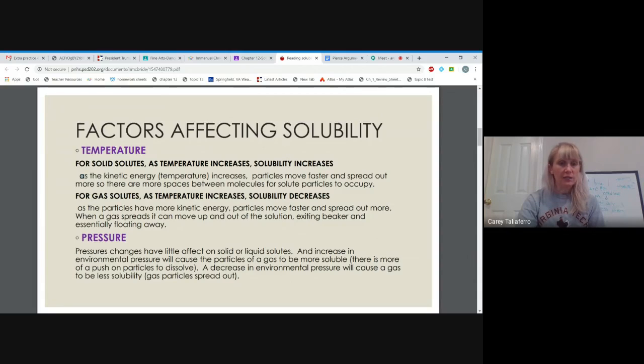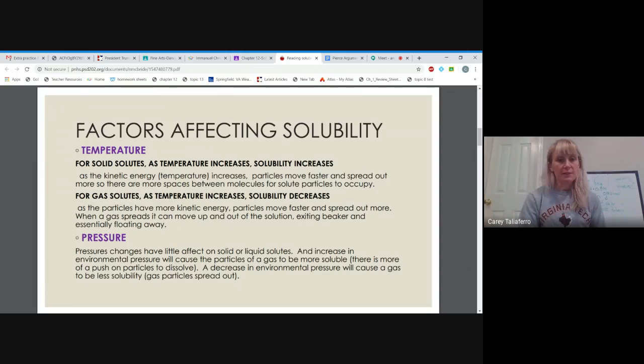Because what's happening is if you increase the temperature, you're going to allow for an increase of energy. That gets those particles moving faster, and they spread out more. So there's more spaces, and those molecules can get surrounded by the solvents, and more solute is going to be surrounded by more solvent. And it just allows for the solubility to increase or perform better.